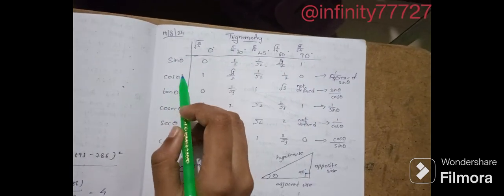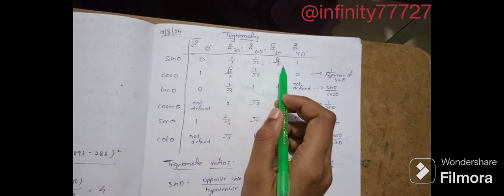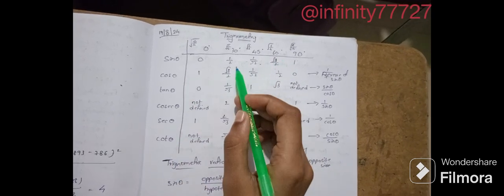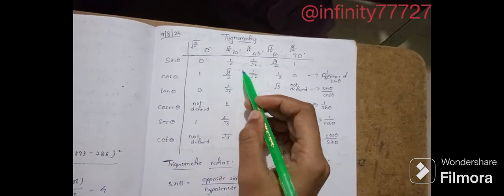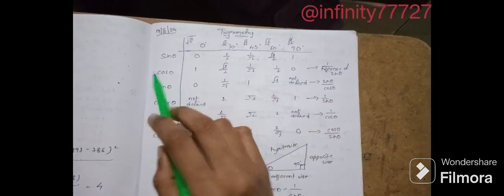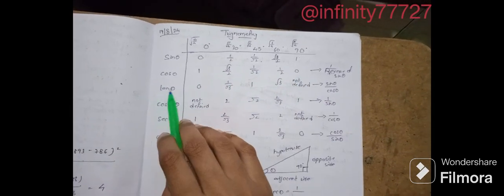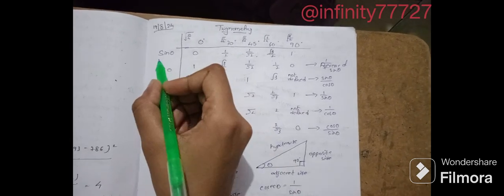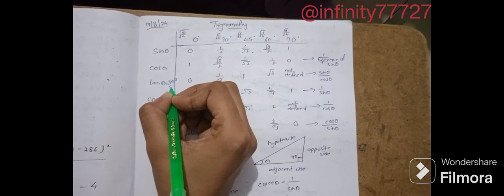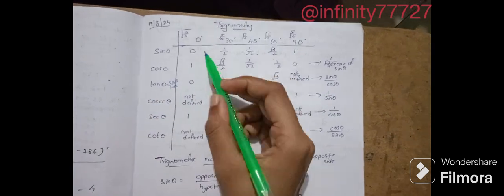To get the values of cos theta, we should reverse the sin theta values. That is from last 1, root 3 by 2 here, 1 by root 2 here, 1 by 2 here and 0. We also got the cos theta values. Now for tan theta values we should do sin theta by cos theta. Here tan theta is equals to sin theta by cos theta.